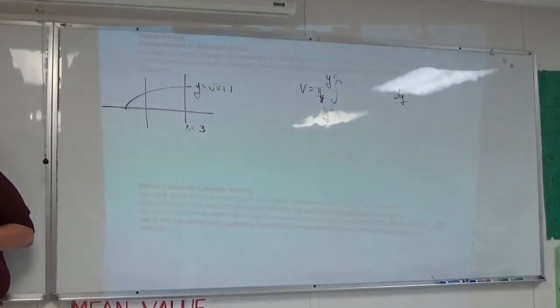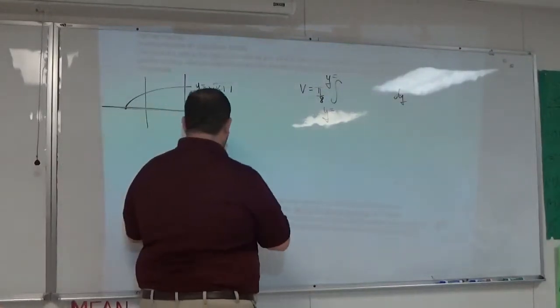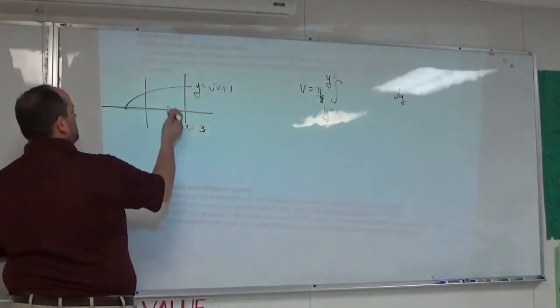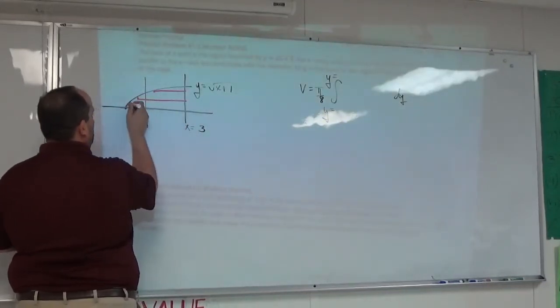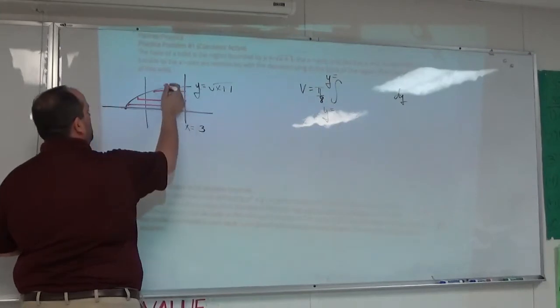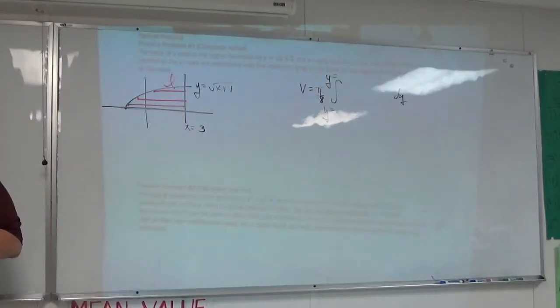The last question that you've got to figure out is, how long are those slices? They're all L. They're all found the same way. Top minus bottom, but look at the way the slices are going.